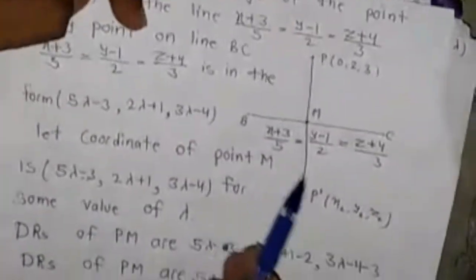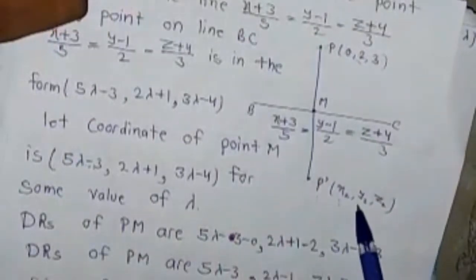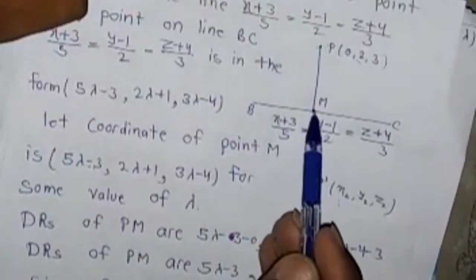Since the image of point P is P dash (x2, y2, z2), then M is the midpoint of PP dash.